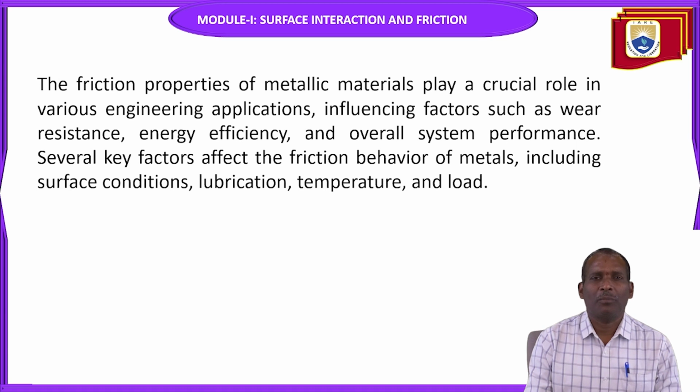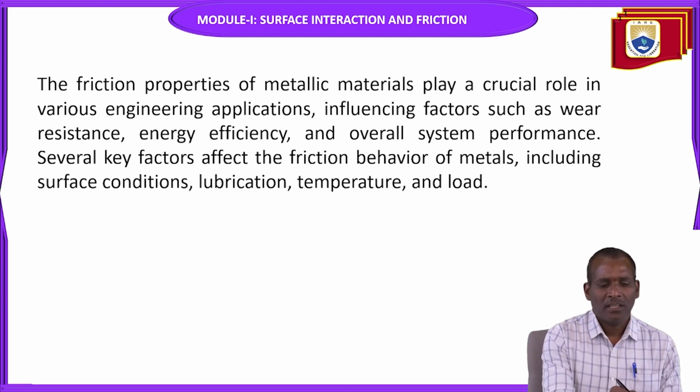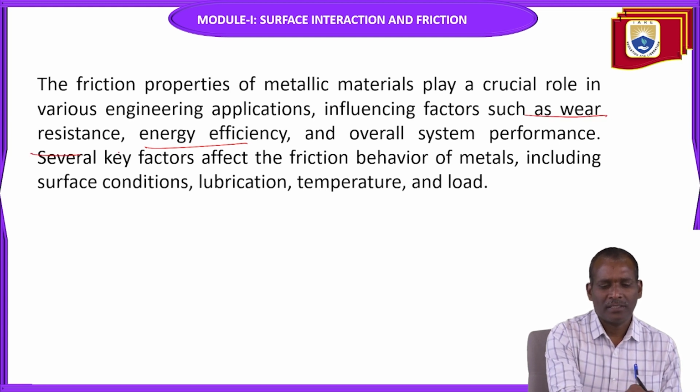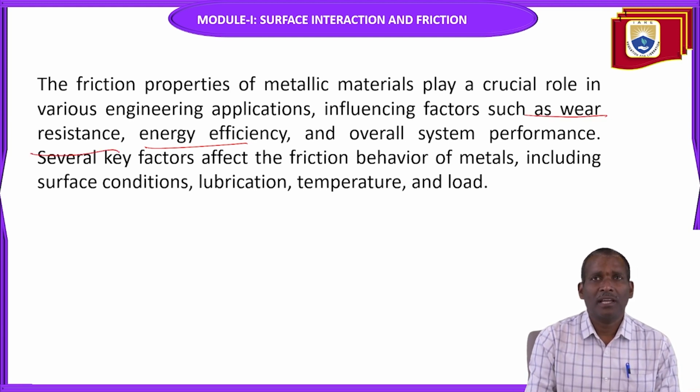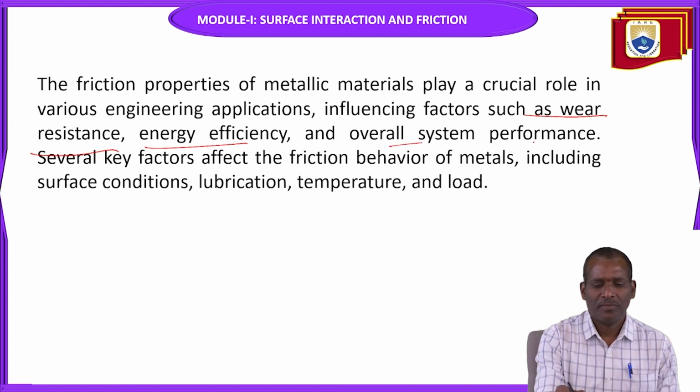The friction properties of metallic materials play a crucial role in various engineering applications. It may be mechanical applications, it may be electrical applications. Clear? Friction plays an important role, influencing factors such as wear resistance, energy efficiency, and overall system performance.